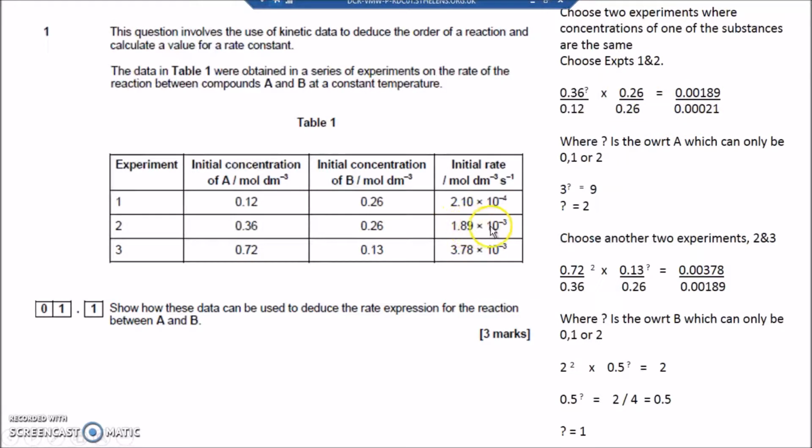Equals 1.89 times 10 to the minus 3, the rate in experiment 2, divided by the rate in experiment 1. So this cancels.